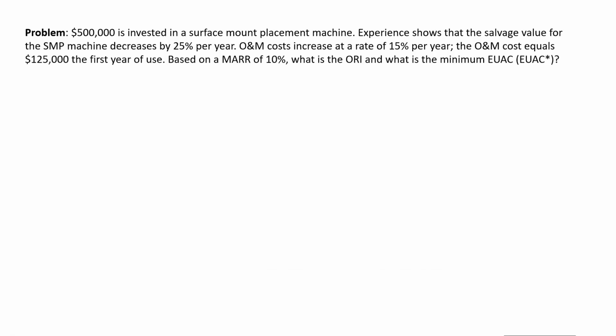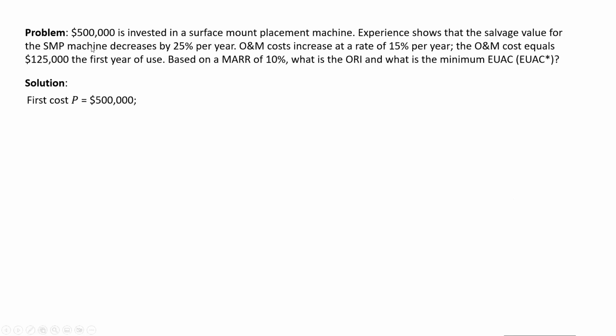The O&M cost equals $125,000 the first year of use, based on a minimum attractive rate of return of 10%. What is the ORI, optimum replacement interval, and what is the minimum EUAC star, equivalent uniform annual cost?